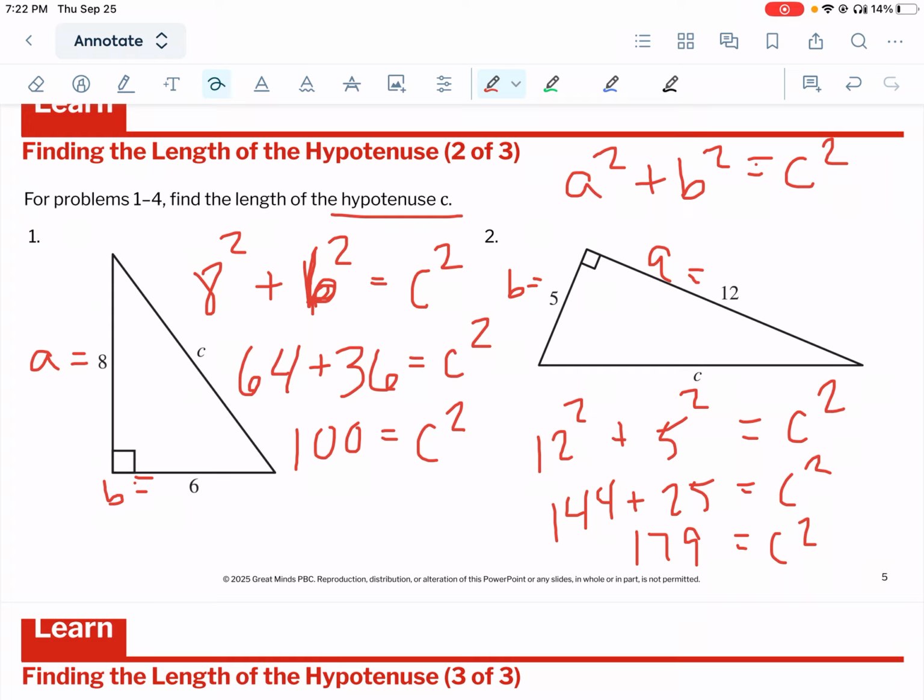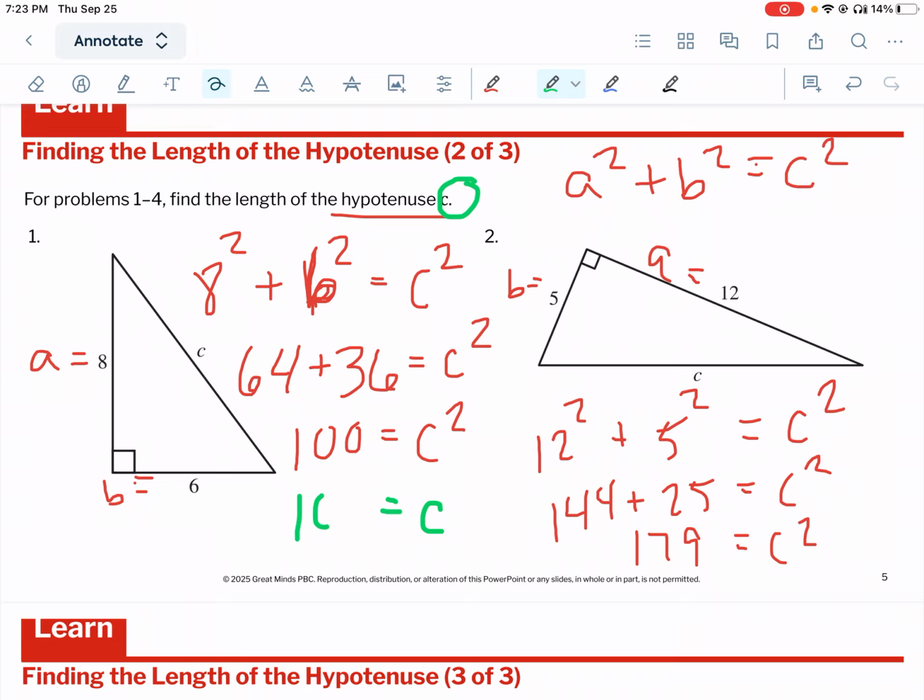equals C squared. Now, take notice that it wants the length of hypotenuse C, and it just says C, not C squared, just C. So if I wanted to undo this a little bit, and I'm just working ahead a pinch, I would have to take the square root of our numerical value to get C. And I'm just doing it for number 1.